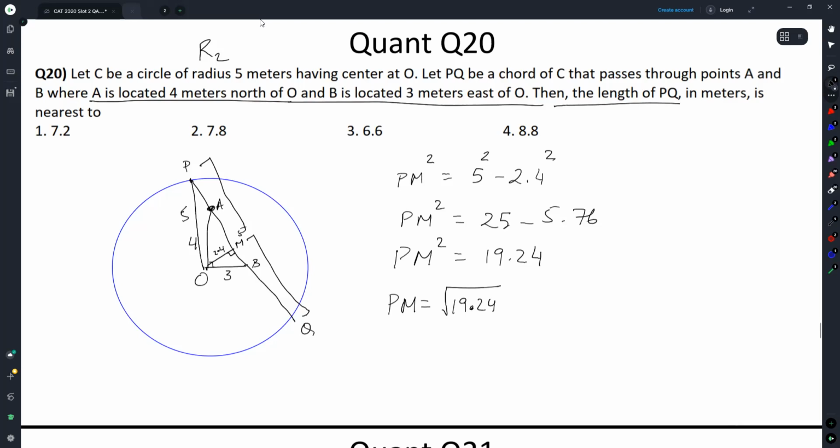What is 44 square? 1936. 44 square is 1936. Okay. PM is roughly 4.4 and we need length of PQ, double of this. So I'll go 8.8.